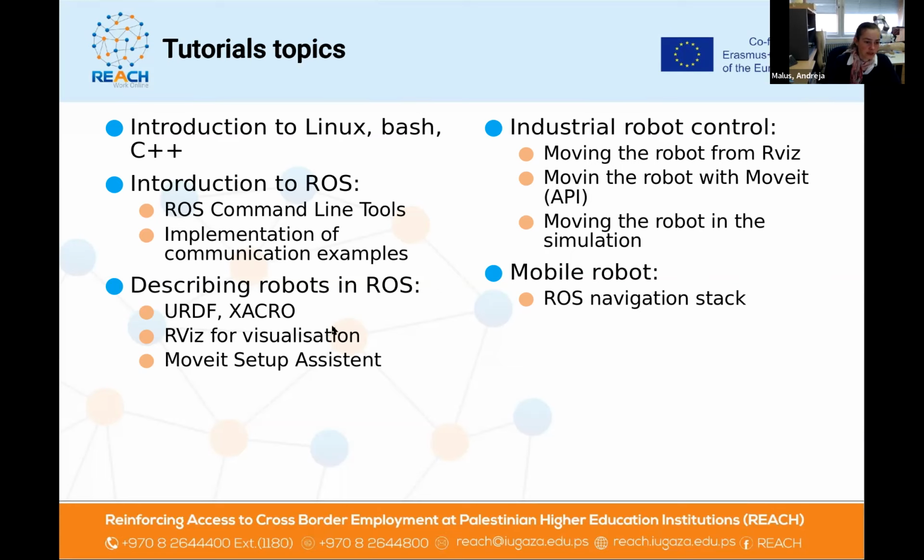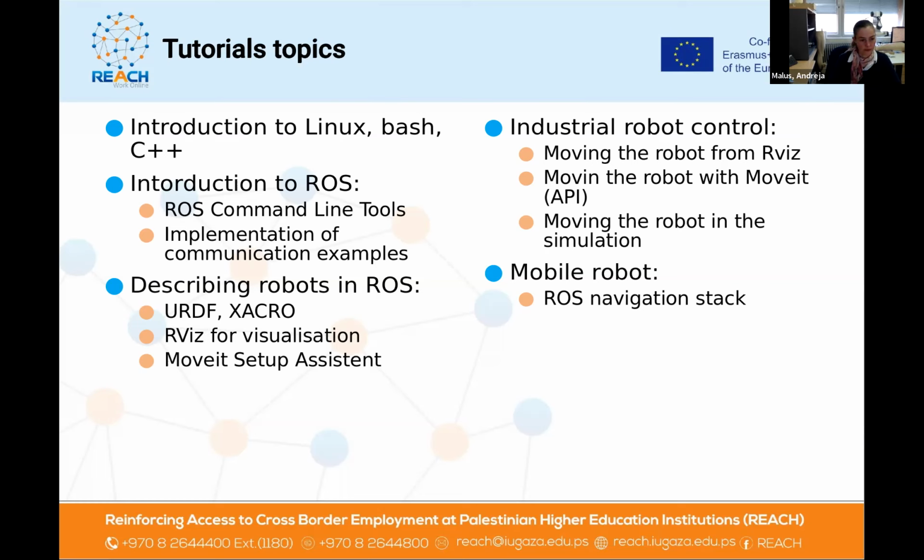And then we introduce the visualization, RViz. So how the robot that is described using URDF can be visualized with ROS. For example, this year we started with industrial robotics, and we used the MoveIt Setup Assistant, because if you want to simulate an industrial manipulator with ROS, some other configuration files are needed.